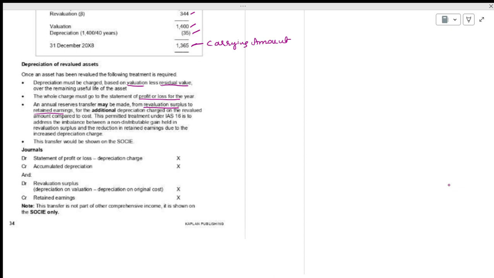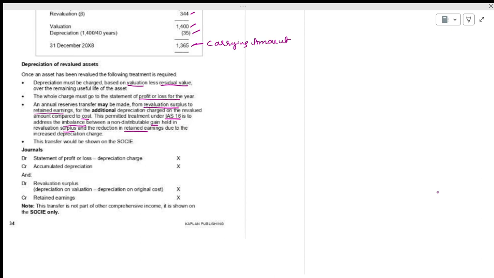Under IAS 16, any difference is between the gain in the revaluation surplus and the reduction in retained earnings. If there is any revaluation loss, we have to treat it accordingly. The transfer will be shown in the statement of changes.